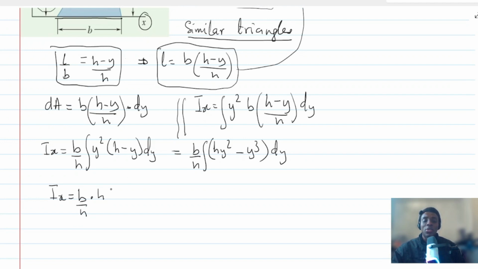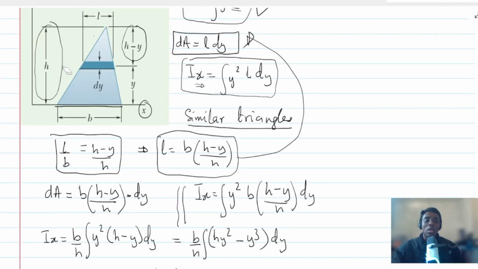So the h will not change, but the y is going to change, and it's going to be y cubed divided by 3. Similarly, to integrate y cubed is going to be y to the fourth divided by 4. And for all of them we are going to take the integral from 0 to h. Don't forget that we are looking at the integral in this sense.